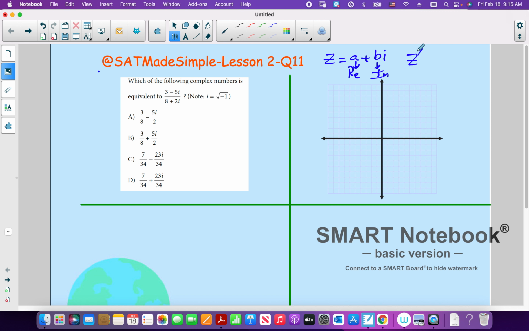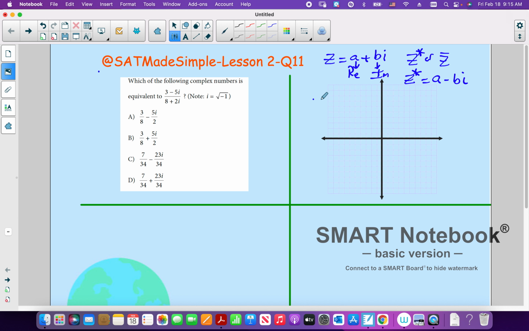The conjugate of a complex number can be expressed as z star, or sometimes they use z bar. That means the conjugate, and the conjugate of z in this case is equal to a minus bi. Simply, we change the sign of the imaginary part.